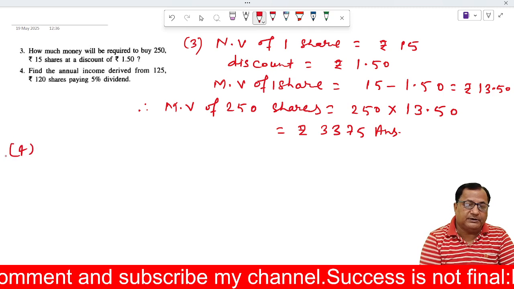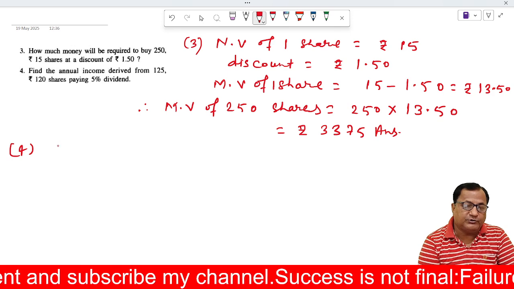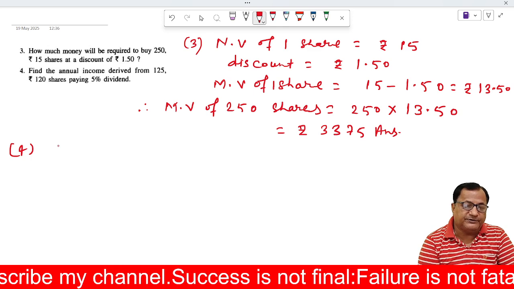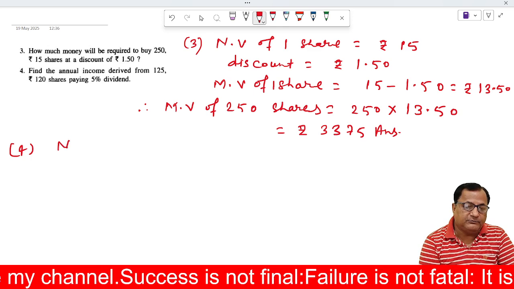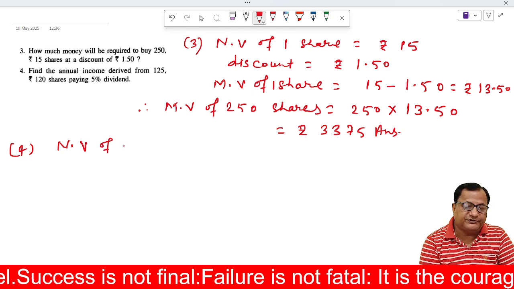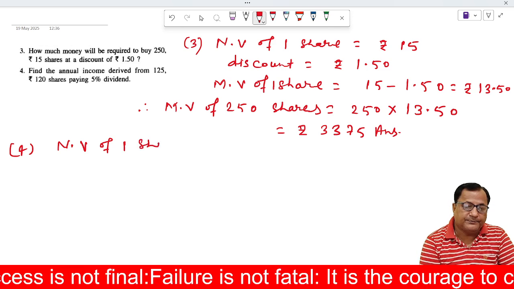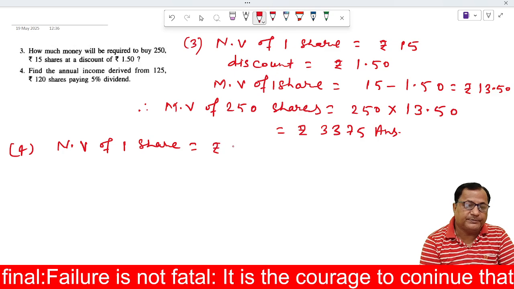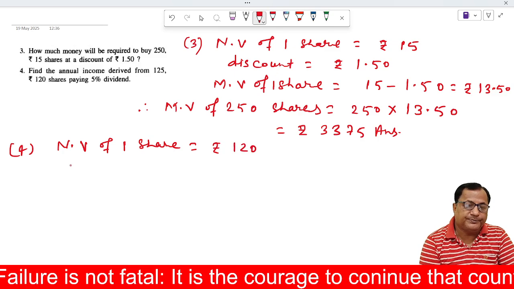Find the annual income derived from 125 rupees 120 shares paying 5% dividend. Nominal value of one share is equal to rupees 120.